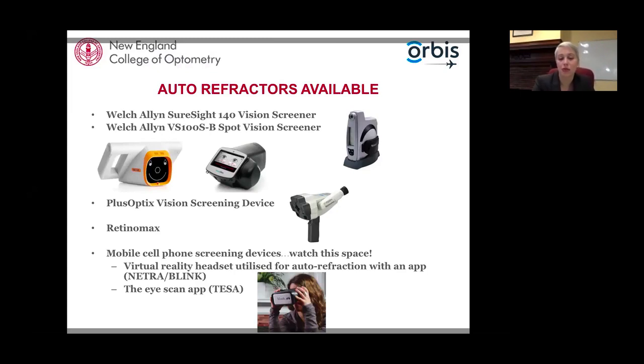So you can see down the bottom here, this lady is using a virtual reality headset and the phone that's been provided there to find out what her refractive error is. There's also an eye scan app. There's a lot of different technologies out there. They're probably not up to scratch as much as we would like, but it's definitely something that is worth keeping an eye on.